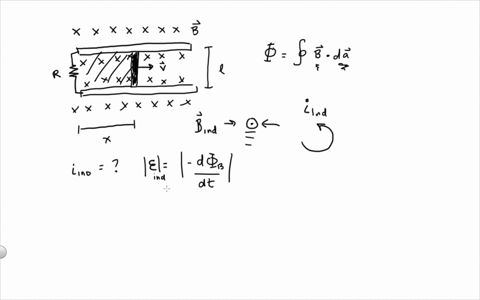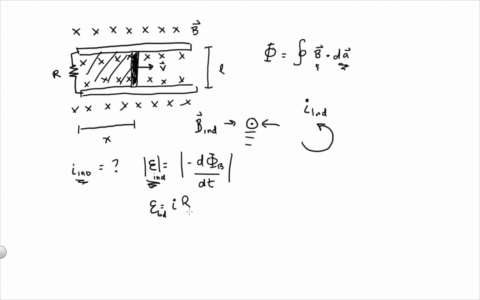And we're also going to use Ohm's law, which in this case is going to be I times R, because we have our resistor up here. And so that's also going to be the induced EMF. So we're going to use these two ideas to estimate what our induced EMF is, by looking at our current and also looking at our change in magnetic flux.